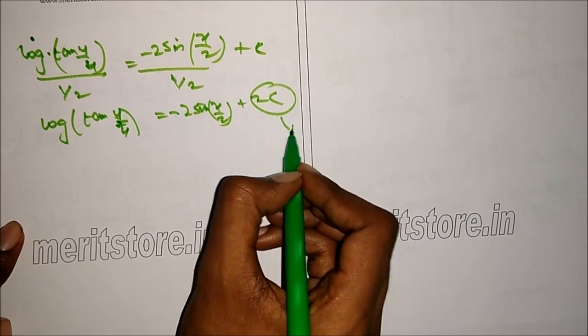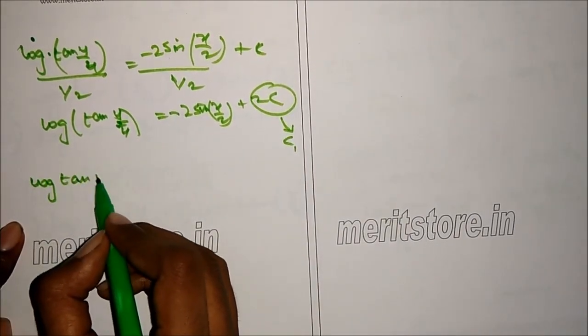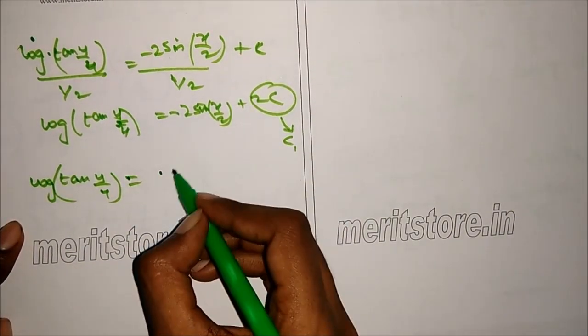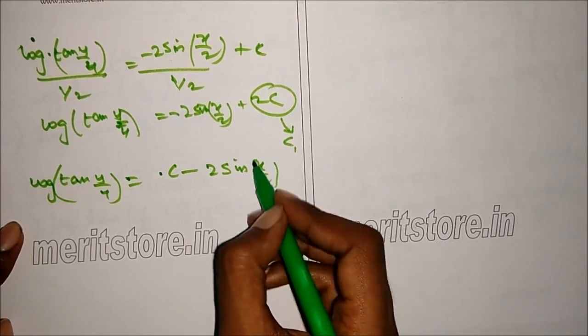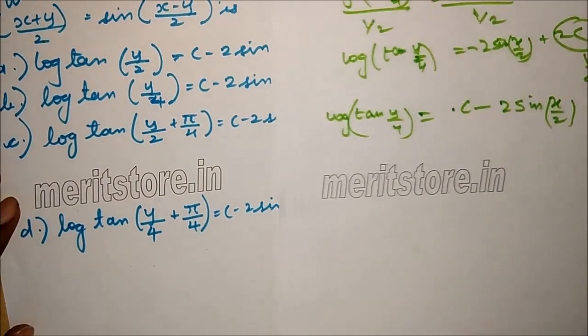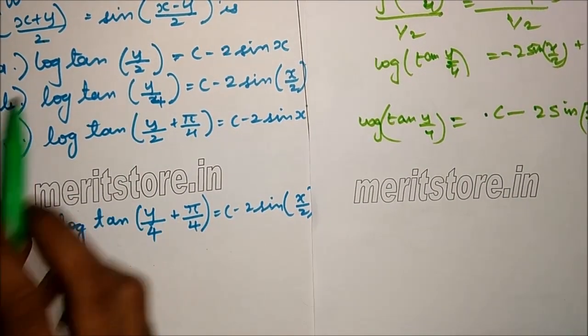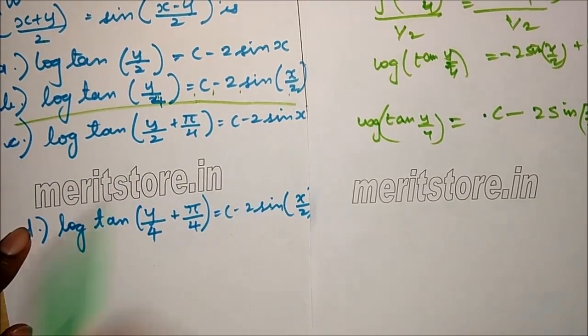Let this 2c be another constant c1. So this will be log of tan y by 4 is equal to c minus 2 sine of x by 2. Now we compare it with the options. So the answer is log of tan y by 4 is equal to c minus 2 sine x by 2, which is option B.